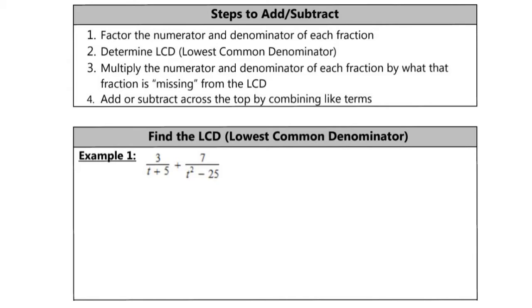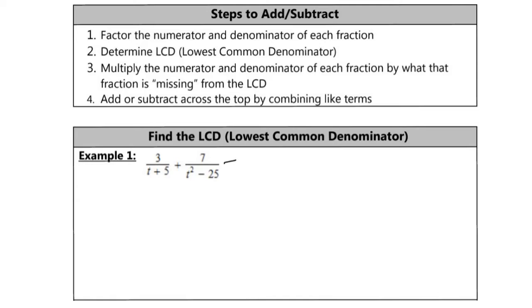Example 1, we have 3 and 7 in the numerators. We can't do anything with them. The first fraction has 3 over t plus 5. T plus 5 we can't do anything with, but we can factor t squared minus 25. So let's factor that.